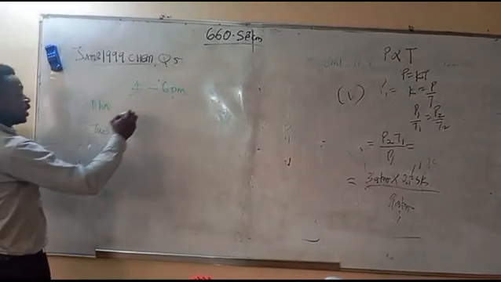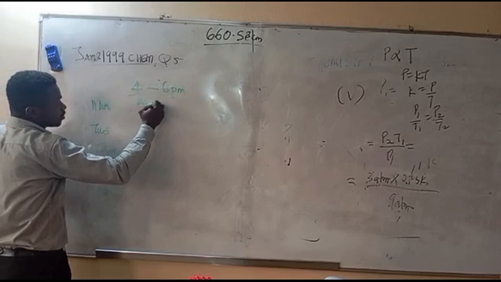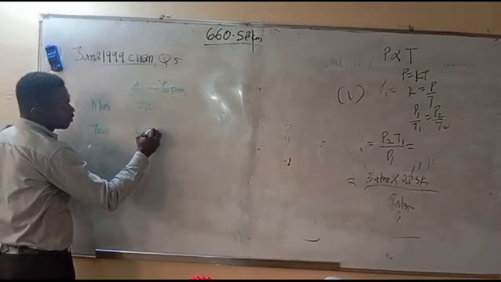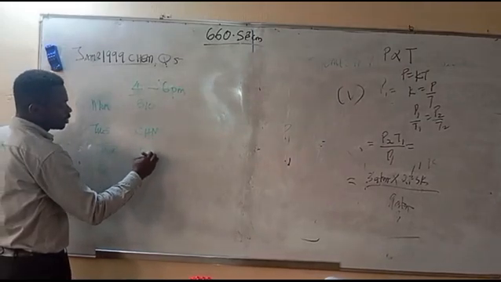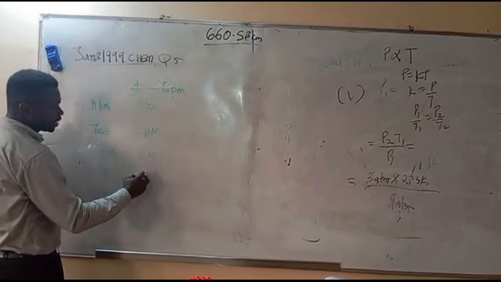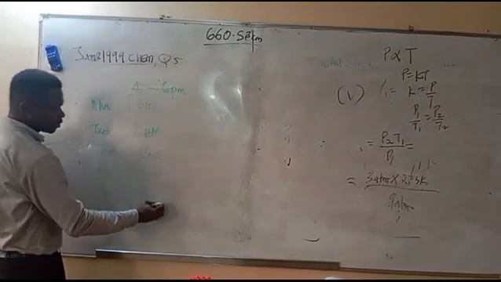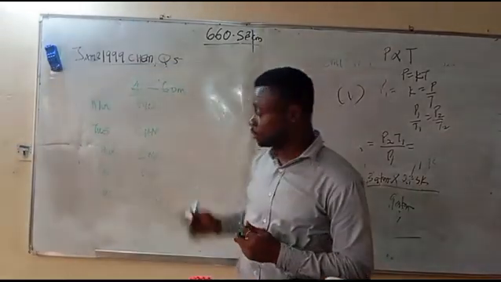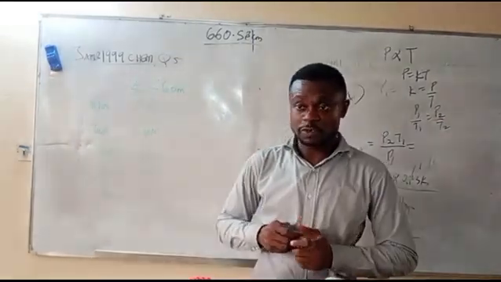Monday is biology. Tuesday is chemistry. Thursday is English language. Friday is physics. And Saturday is mathematics, 4 to 6 p.m. That's how the timetable will be from now henceforth.